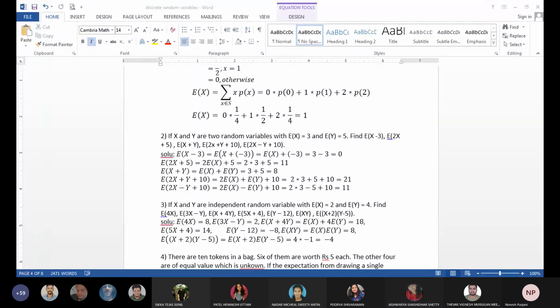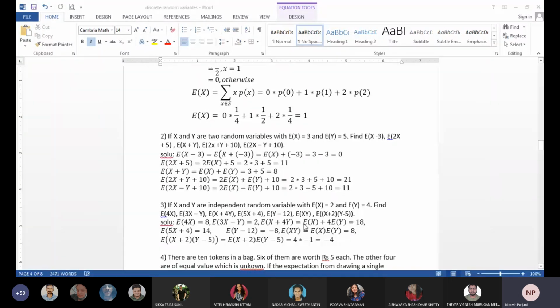See, it's given x and y both are independent random variables. So if x and y are independent, x plus 2 and y minus 5 will also be independent. So expected value of x plus 2 into y minus 5 will be expected value of x plus 2 into expected value of y minus 5.